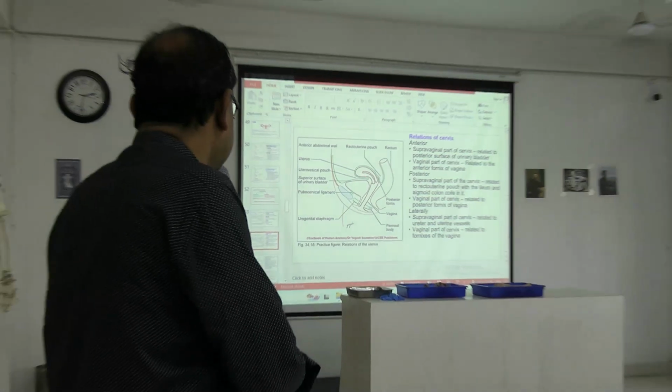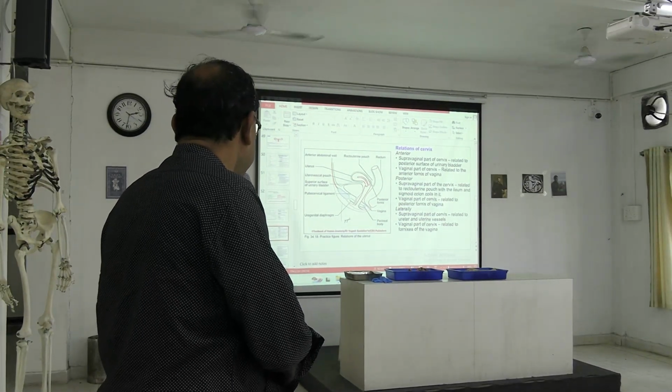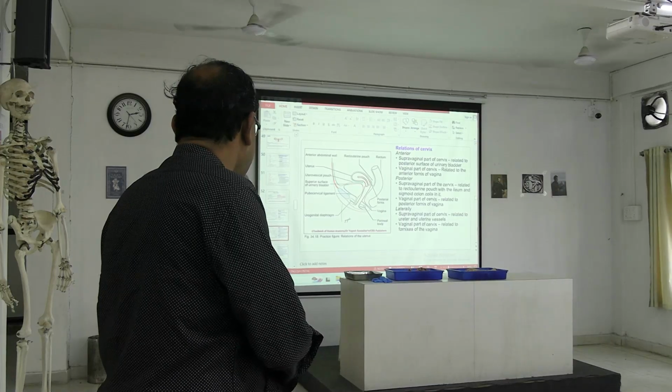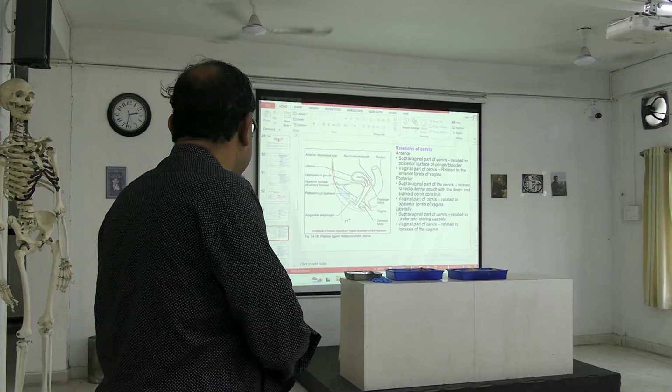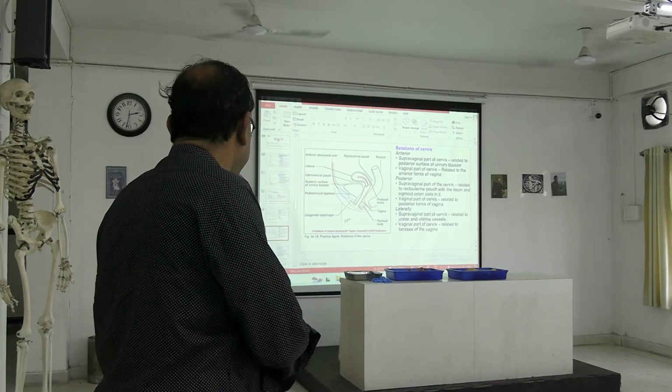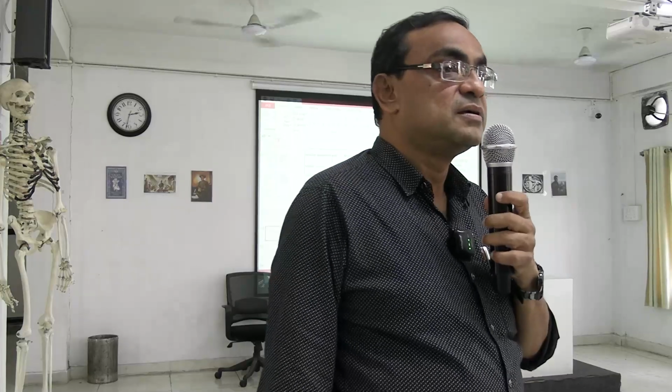This is the isthmus, that means the junction between body and cervix. From here it is reflected, covers the superior surface of the bladder, and comes into the abdomen. It covers the posterior surface of the anterior abdominal wall.